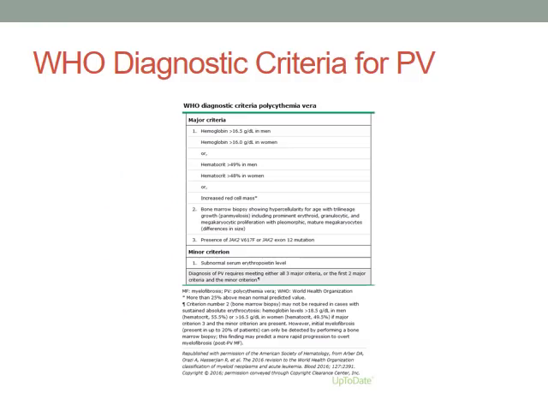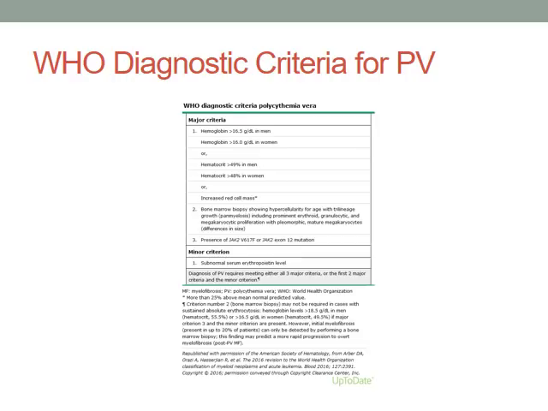The World Health Organization diagnostic criteria for polycythemia vera is listed here. The diagnosis of PV will require either all 3 major criteria or the first 2 major criteria and the minor criterion. The major criteria for PV is either an elevated hemoglobin, elevated hematocrit, or elevated red blood cell mass.